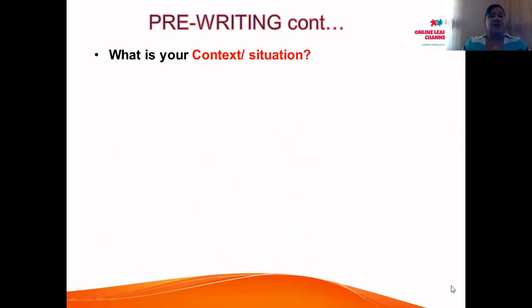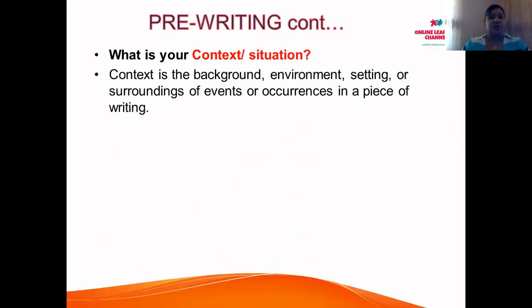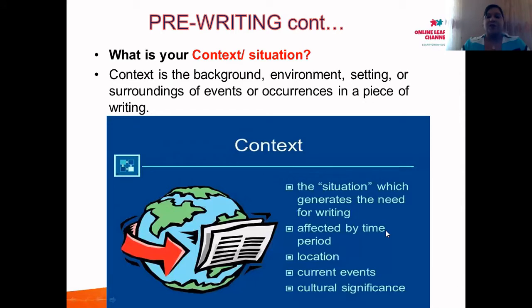So the next element is context or situation. We define context as the background, environment, setting, or surroundings of events or occurrences in a piece of writing. For example, context is a situation which generates the need for writing. It's affected by the time period, location, current events, and cultural significance.